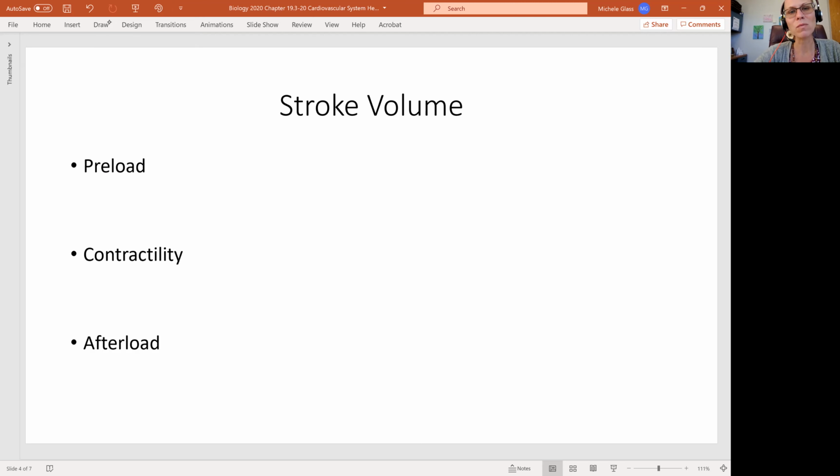So we've mentioned all three of these in some level of detail, but let's fill in some gaps. When we talk about the preload, what we're really talking about here is the stretch of the ventricle, and so we would ideally like to have a high preload.